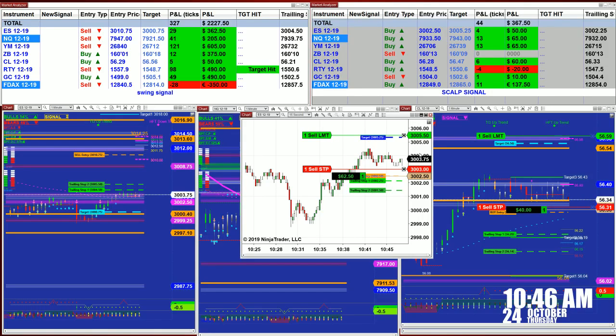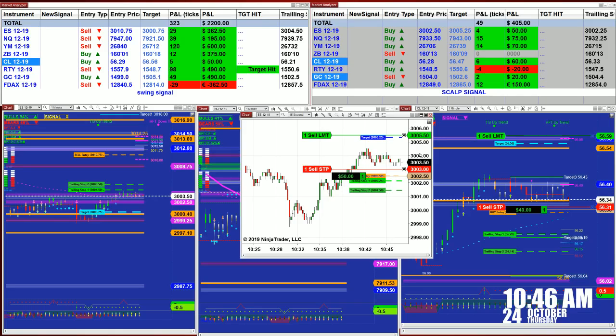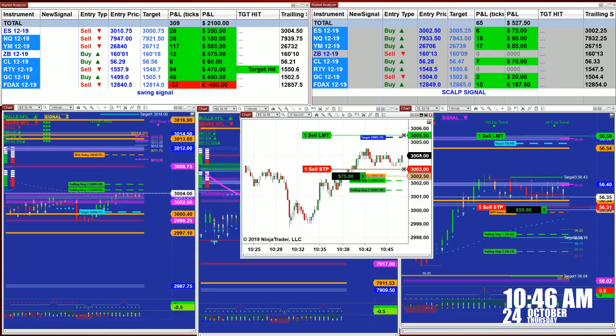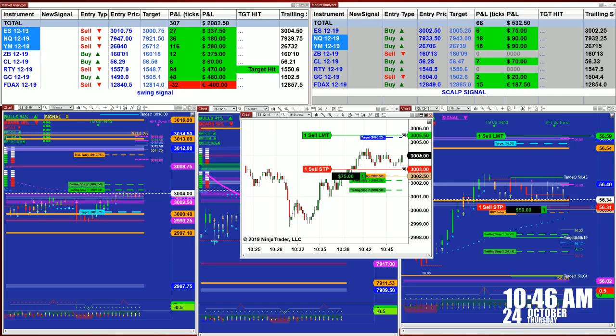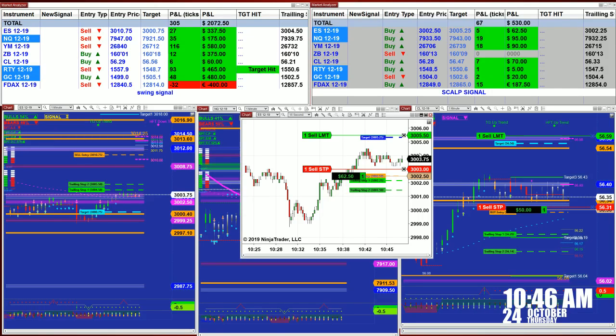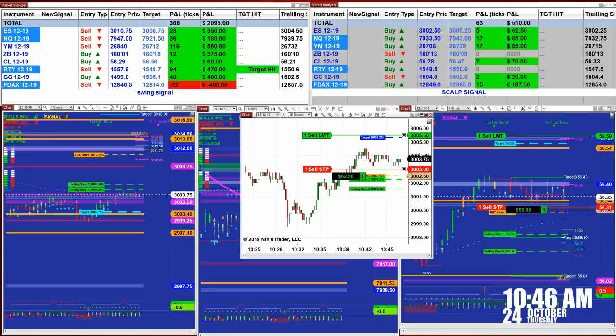The only thing, do not try to activate scalping at 9:30. Go make yourself a fresh coffee. Do something with your life, and then wait till 9:45, 9:50.